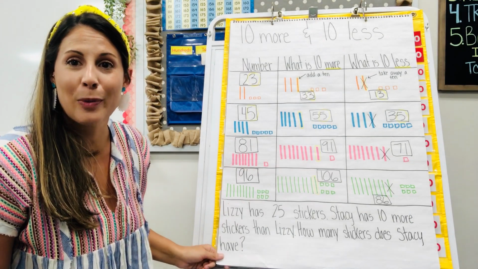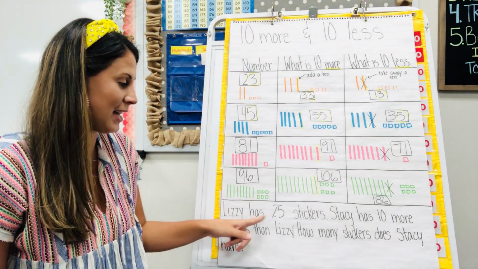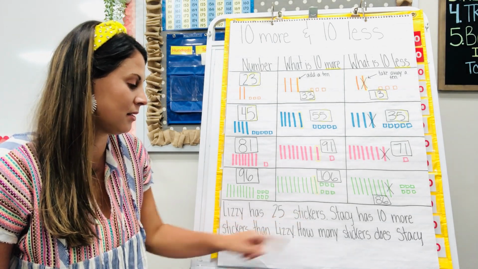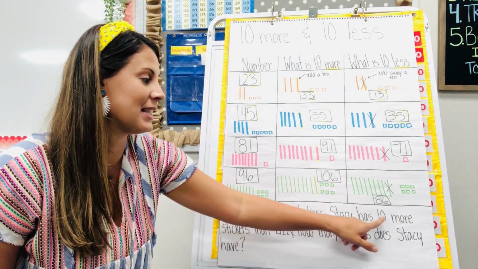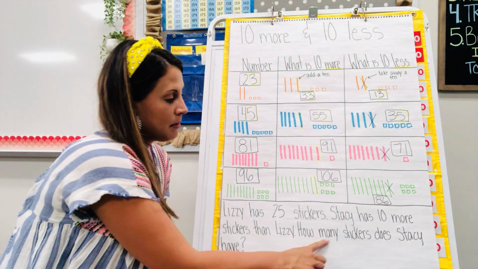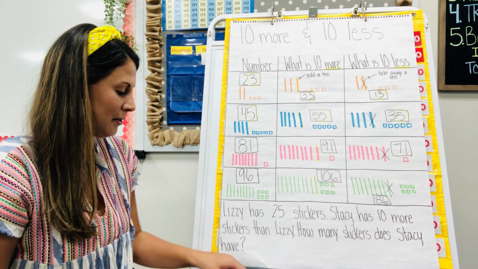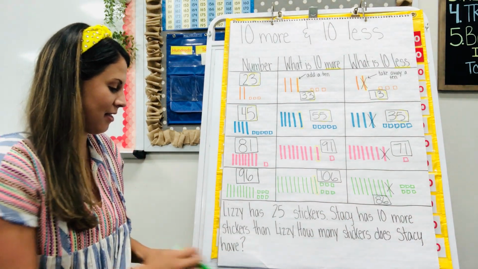Our challenge question. Listen carefully. Lizzie has 25 stickers. Stacy has 10 more stickers than Lizzie. How many stickers does Stacy have? All right, let's think about that for a second.